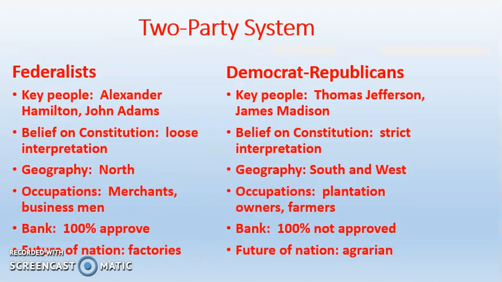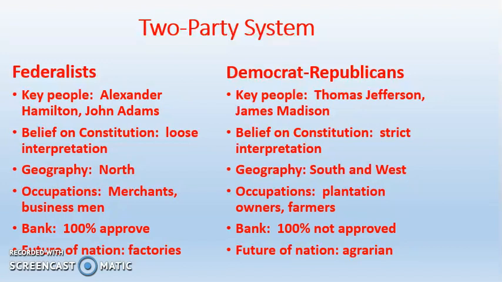So here are some things that you should know about the two-party system. Federalists are the key people you should know: Alexander Hamilton and John Adams, they're buddy-buddy. Okay? And whoever is their opposite is going to be your Democrat-Republican. The opposite of Hamilton and Adams is Democrat-Republicans, Jefferson and Madison. How the Federalists look at the Constitution is loose interpretation.